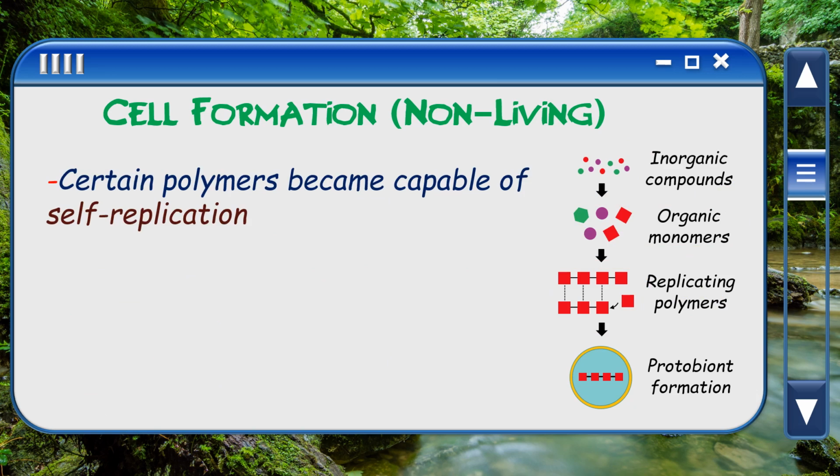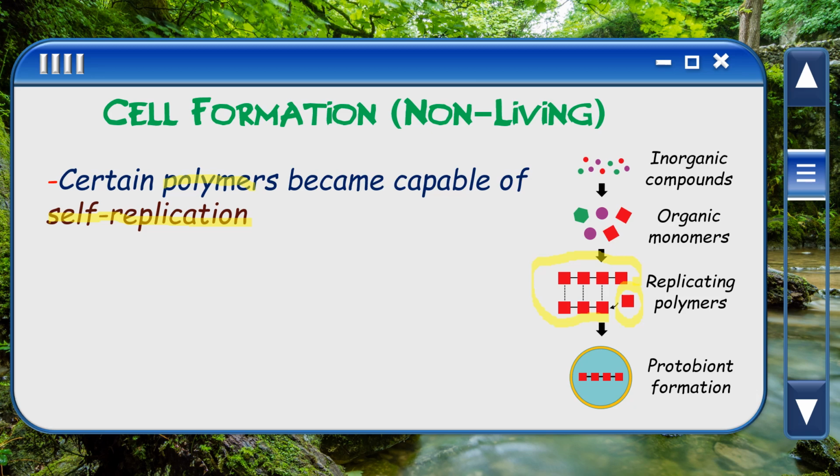Later on, they say that certain polymers became capable of self-replication. They could make themselves. So first, these monomers turned into polymers, and now these polymers were able to replicate themselves to form very many copies. That is how we get to cell formation.